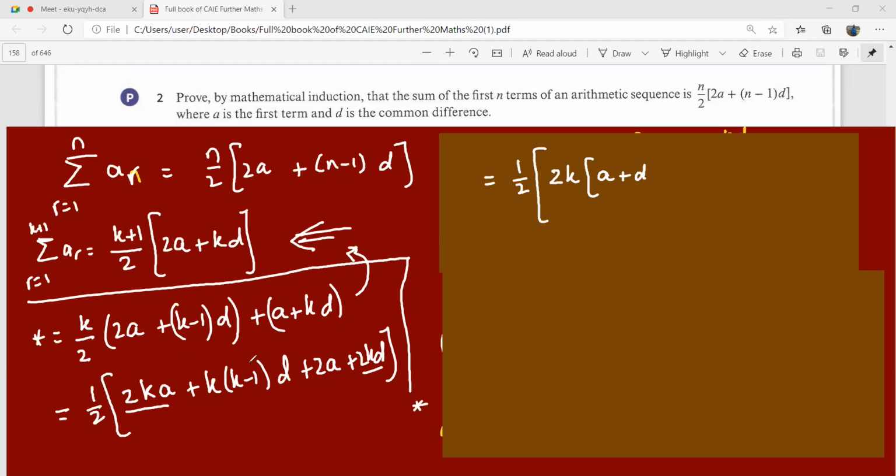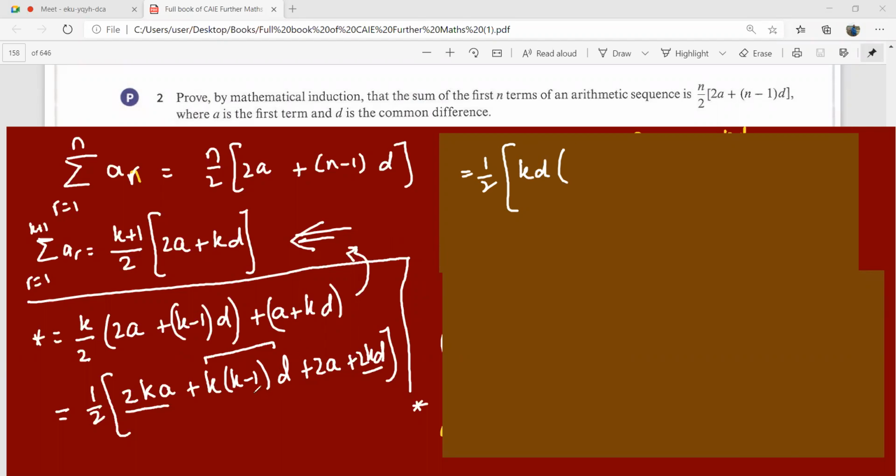Or, just a minute, this is k plus 1. Look at this kd and this kd. Let me take kd common from here. Yeah, that's a better way. You see, this is your algebraic manipulation. You have to look for the smarter way of handling this. So this is going to be half into, I'll be taking kd common first of all.